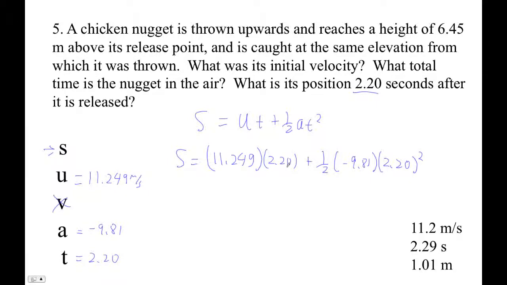Don't forget the minus sign, that's always sad. Then times 2.20 squared. And I get 1.00847 and then a bunch of other stuff. Now with 3 sig figs, you'd round it to this place, so I guess you'd say 1.01 meters. There you go.